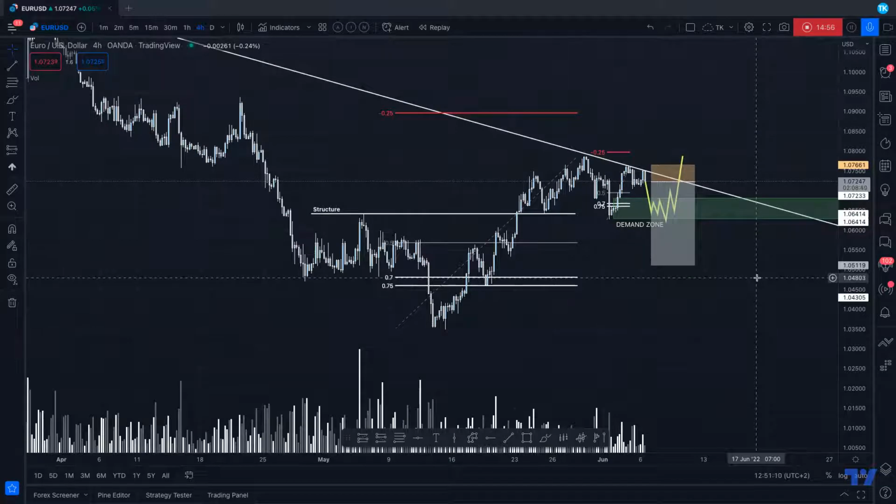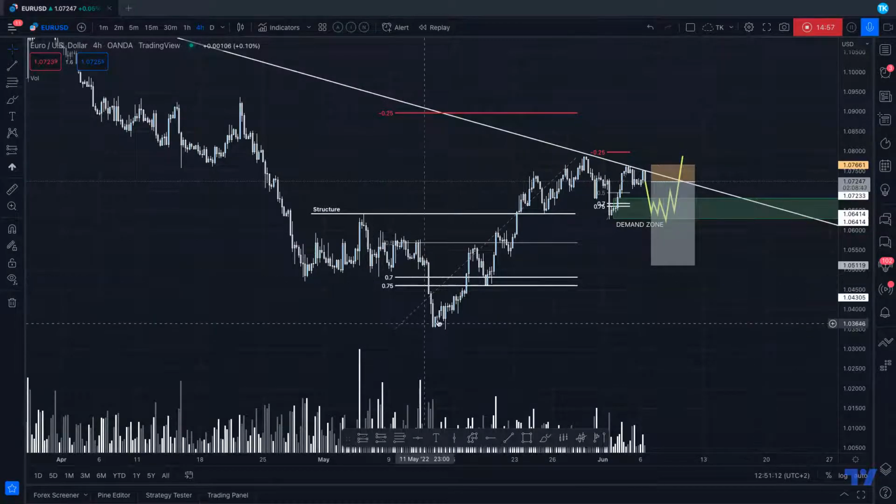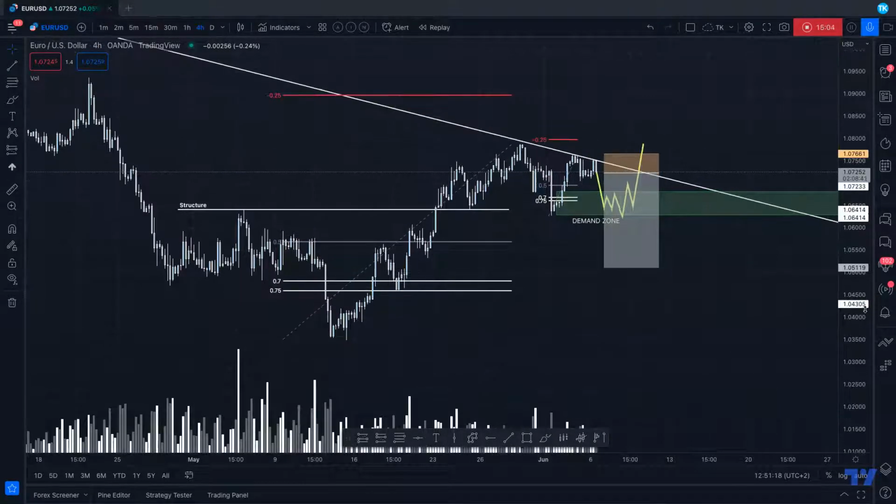We have this range, which is the main range that we consider for an intraday trade.